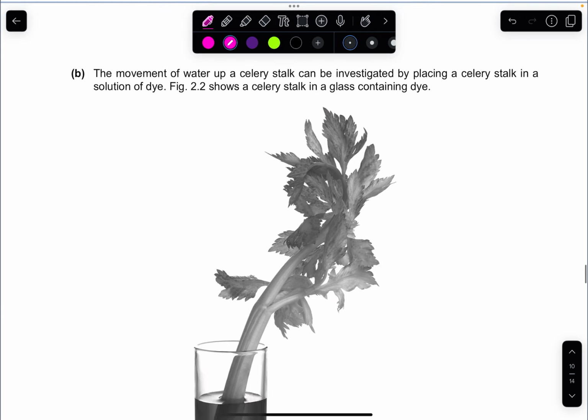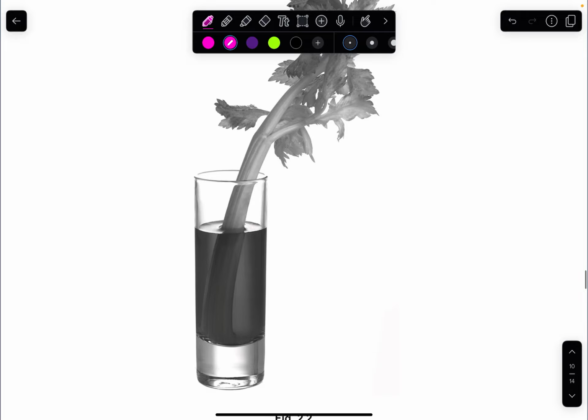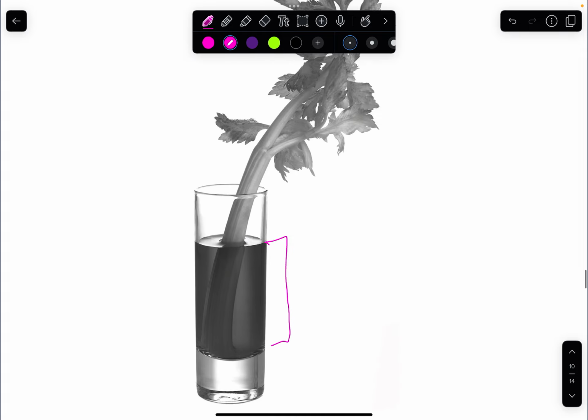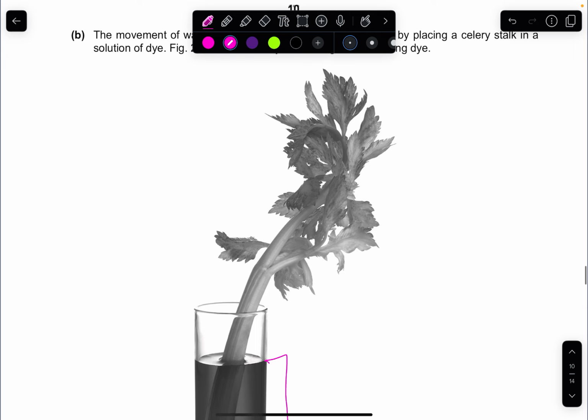The next question is, movement of water uptake by the celery stalk can be investigated by placing a celery stalk in a solution of dye like this. This is the dye, and we have put the celery stalk in there, and we will measure how much dye will travel along the celery upward.